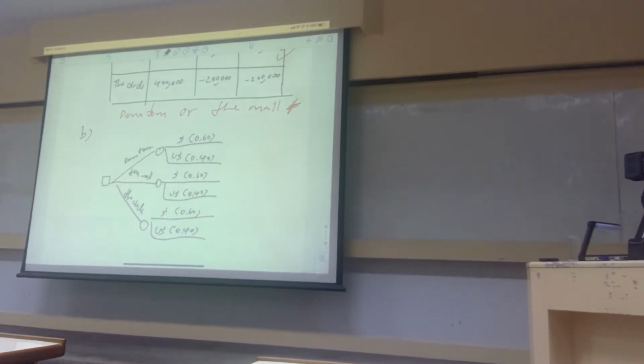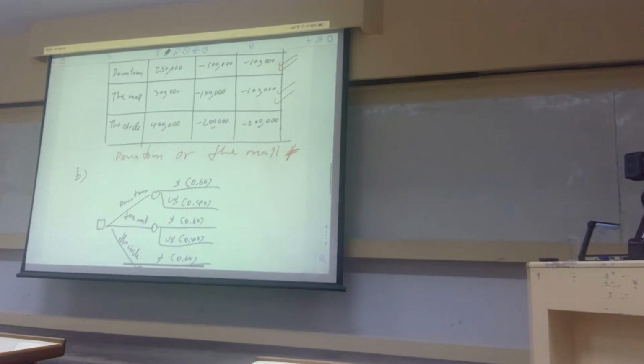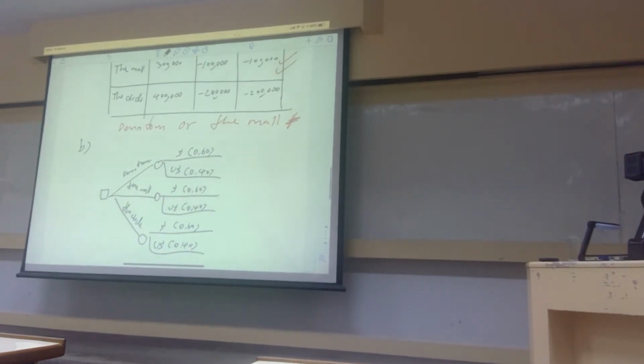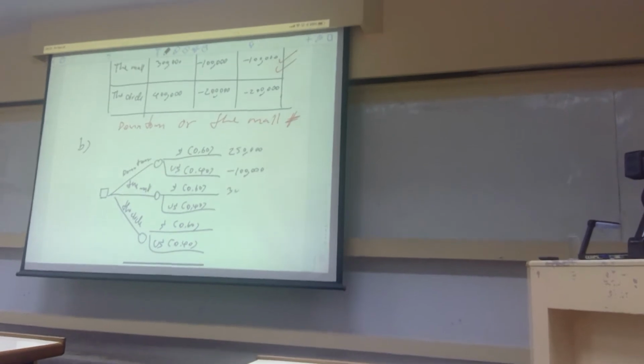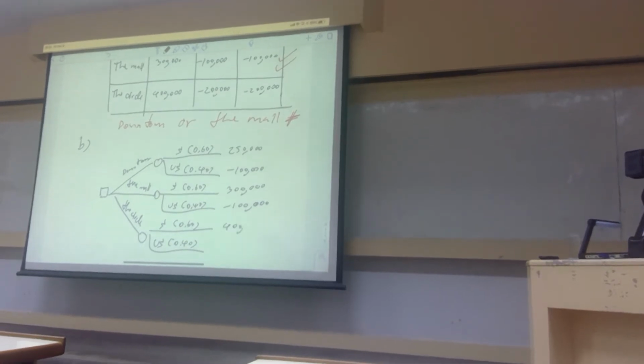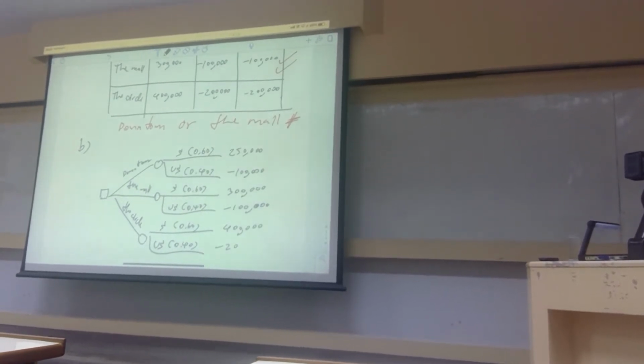How about the payoff? Just using the table, we have 250, this one minus 100, 100, minus 100, 100, minus 100.